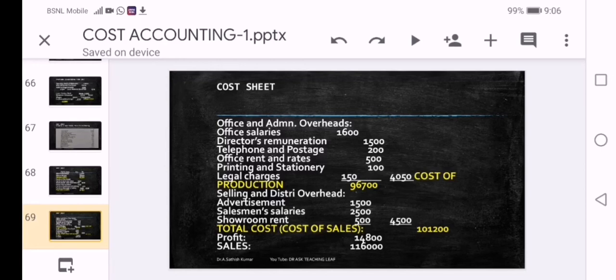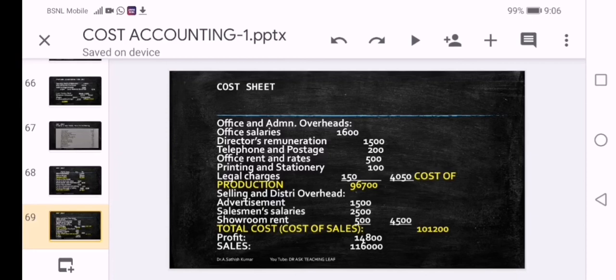Actually our target is to compute this, but at the same time in the problem sales is also given, which is 1,16,000. Difference between sales 1,16,000 and total cost, which is also known as cost of sales, is profit 14,800. Means difference between 1,16,000 and 1,01,200 is 14,800, which is profit.